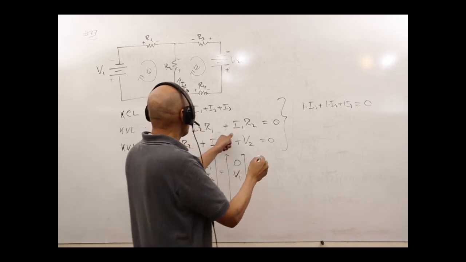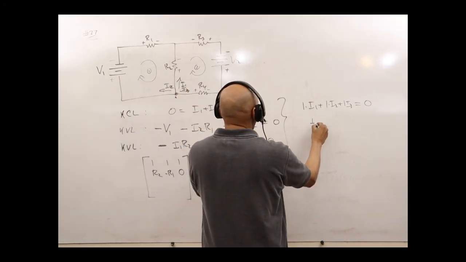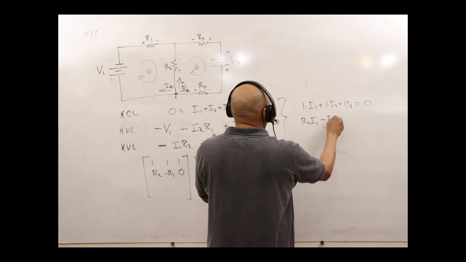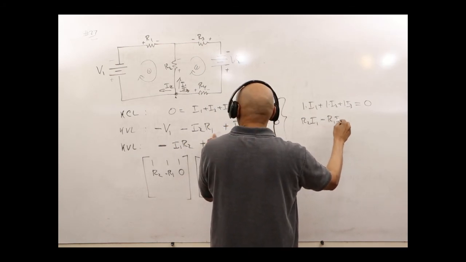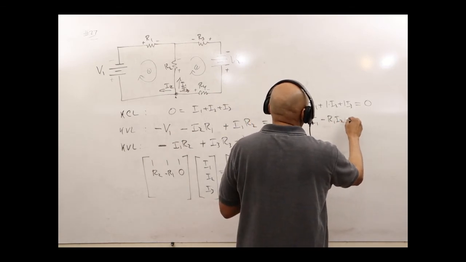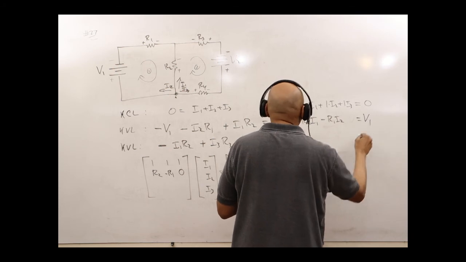Second equation, I'll put this as I1 times R2 and then minus R1 I2, and then I'll move the V1 to the other side, so this is V1.